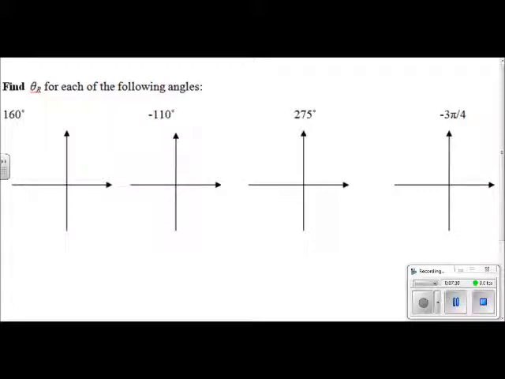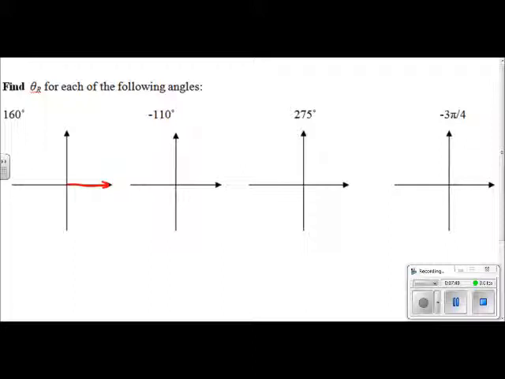So if we have theta sub r, which is our subscript denotation of reference angles, we just need to find the reference angle for each of the following angles. In this case we have the angle of 160. We'll draw it in standard position.